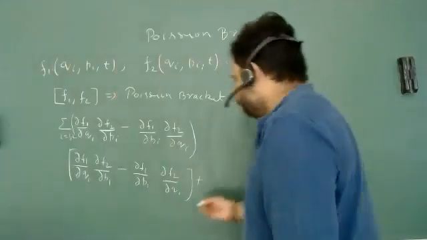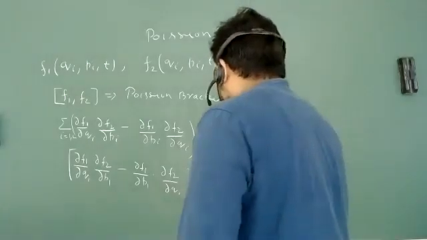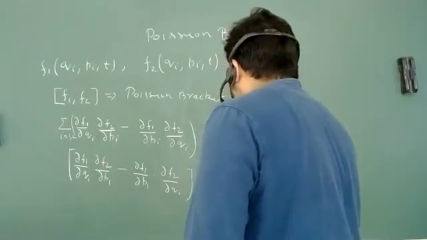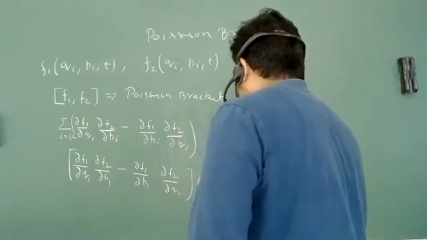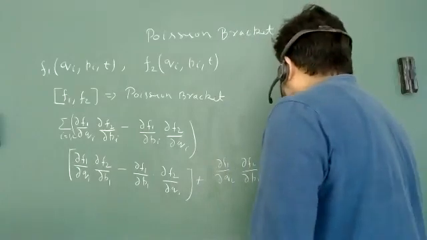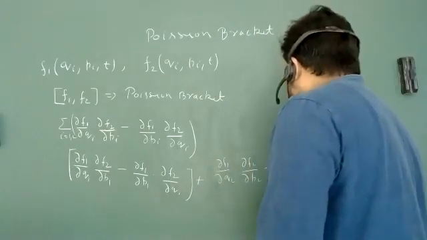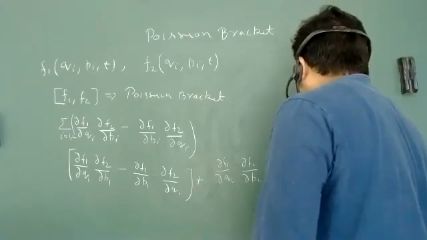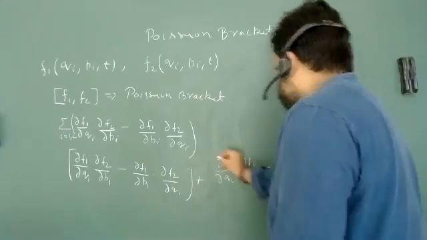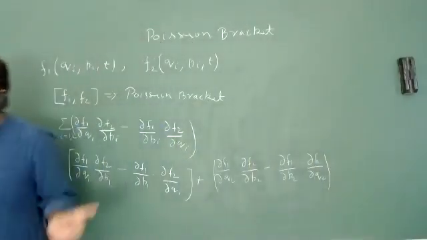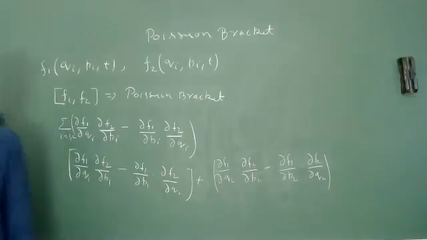So this will be del f1 upon del q2, del f2 upon del p2, minus del f1 upon del p2, del f2 upon del q2.